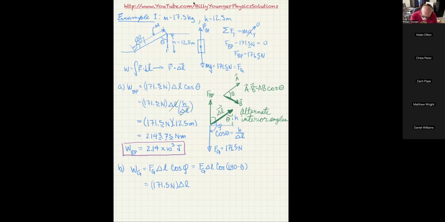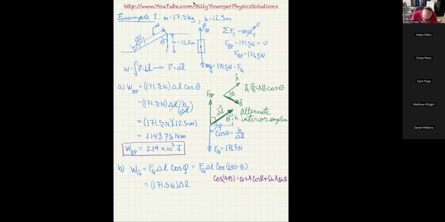So the identity that we're using here is cosine of A minus B is equal to cosine A cosine B minus sine A sine B, or excuse me, plus sine A sine B. Okay.